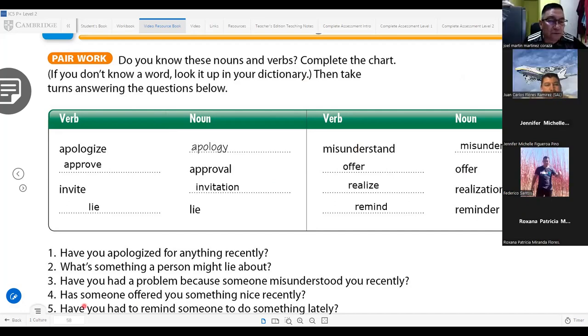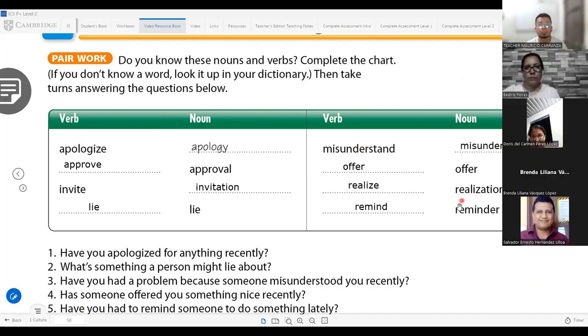What is realization? Realization is the act of realizing something. When you realize, right? But I don't know how to say it in Spanish. Imagine you say, I realized that I was in class, right?